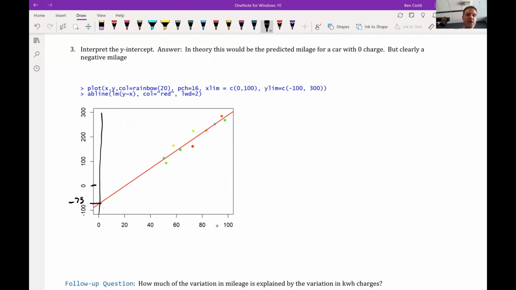And if you plot the line at zero, it kind of looks like you need at least some positive amount of charge to even get the car moving. Maybe to, I don't know, overcome the force of static friction or something. So this is beyond the scope of the model.